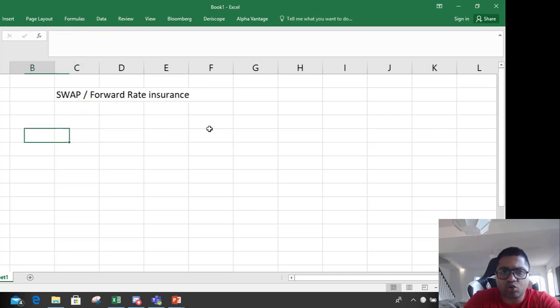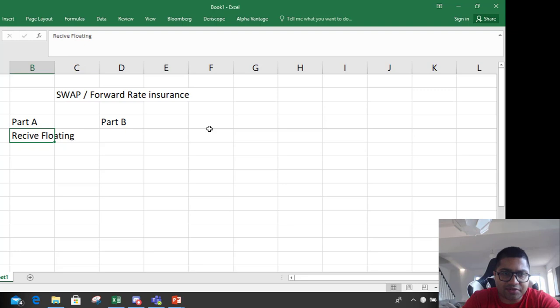It means there are two parties, party A and party B. Party A, let's say, is going to receive a floating rate. Now that floating rate can be LIBOR, it can be the overnight indexed swap rate, anything.